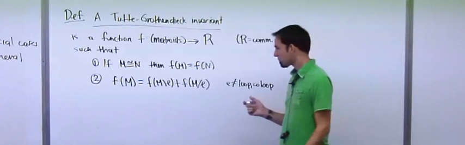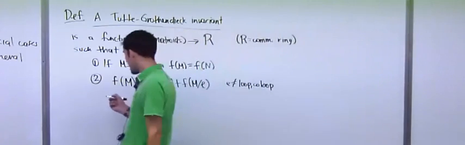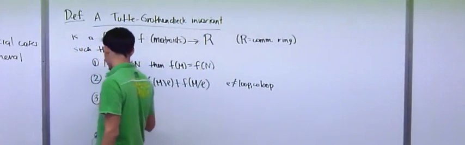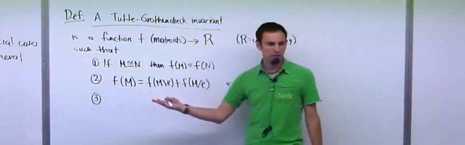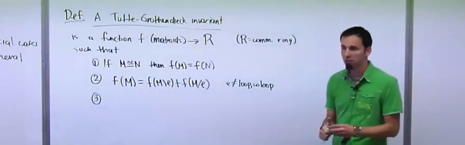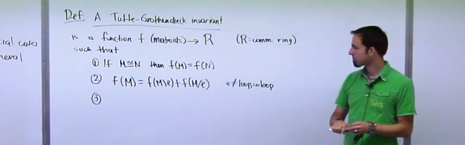Okay. So it should have this deletion-contraction property, and so this tells you how to take a matroid and delete elements that are not loops or co-loops. And now I need to tell you how to delete loops and co-loops.